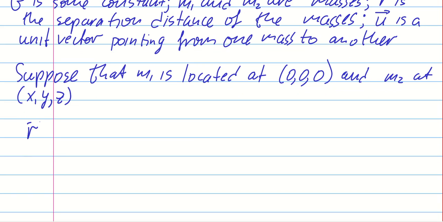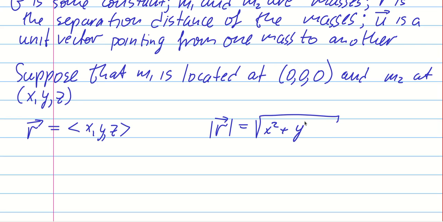So what would be our vector r? Our vector r is really easy, just x, y, and z. Then the magnitude of r is the square root of x squared plus y squared plus z squared.